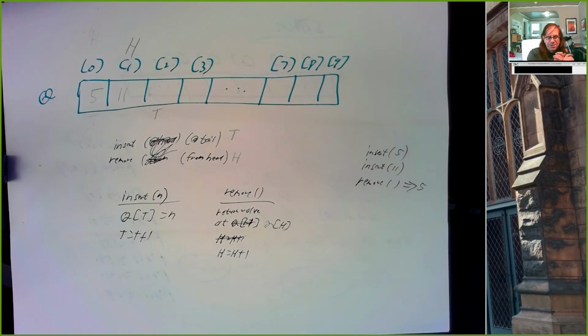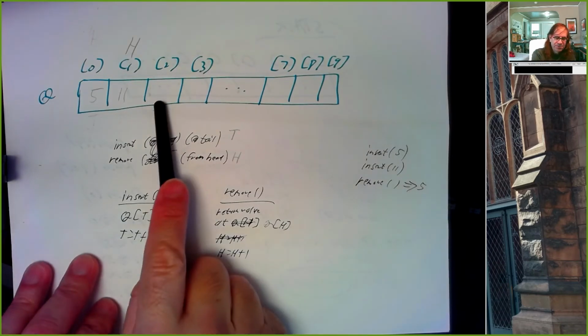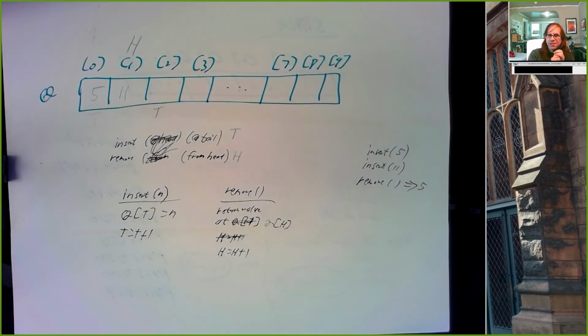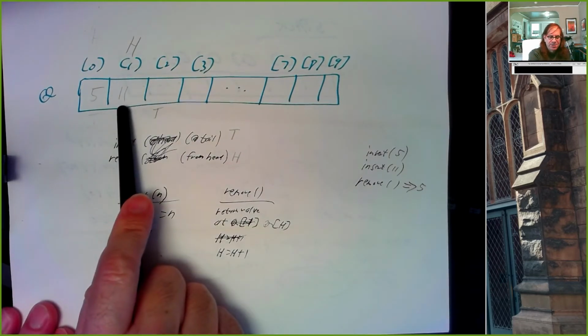So T always shows me where my next insert is going to happen. My next insert will go right here. H shows me where my next remove is going to happen, which is right here.